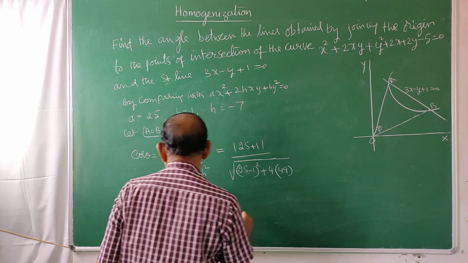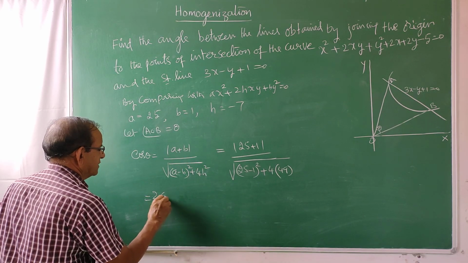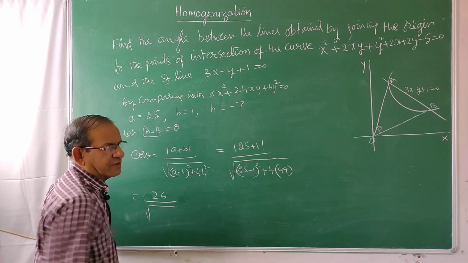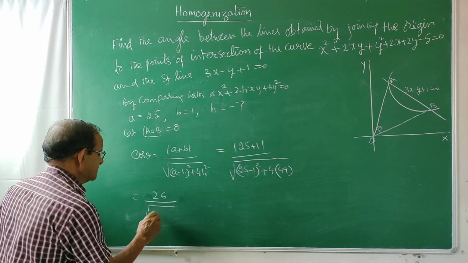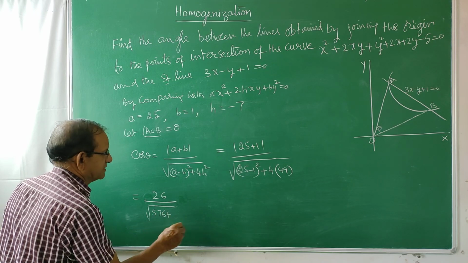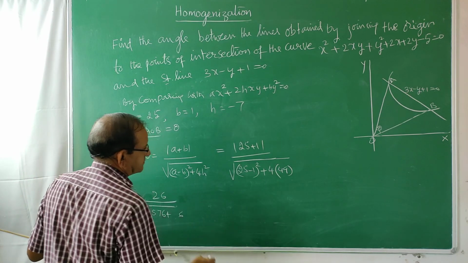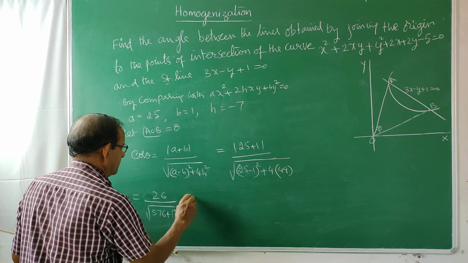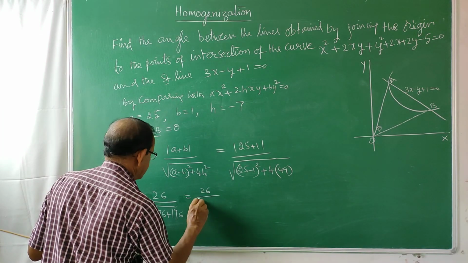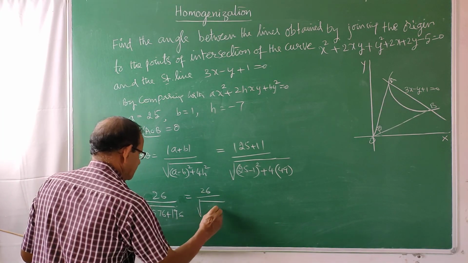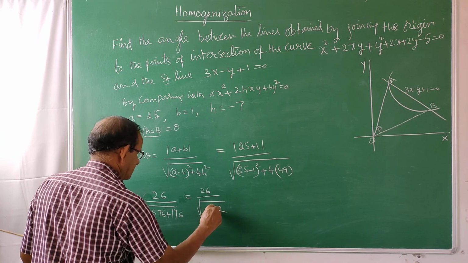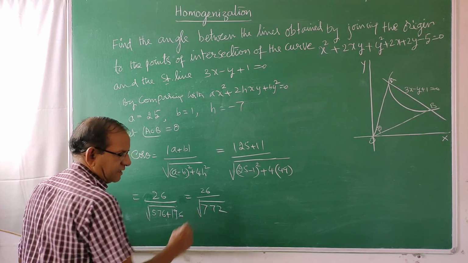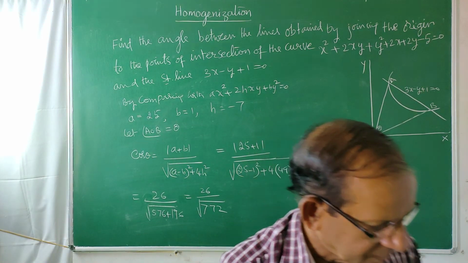Now that is equal to 26 by root of 25 minus 1 is 24, square is 576, plus 4 into 49, 196. Now add those two, 576 plus 196 is 772. That is the value under the root.